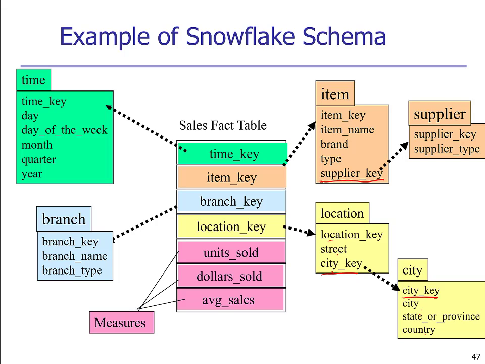Here, I personally don't think it's a good choice to further normalize the dimension, but here I think it's a good choice. The reason is that for this one, if you still remember, in the Woolworths example, we have around 3,000 locations or stores.